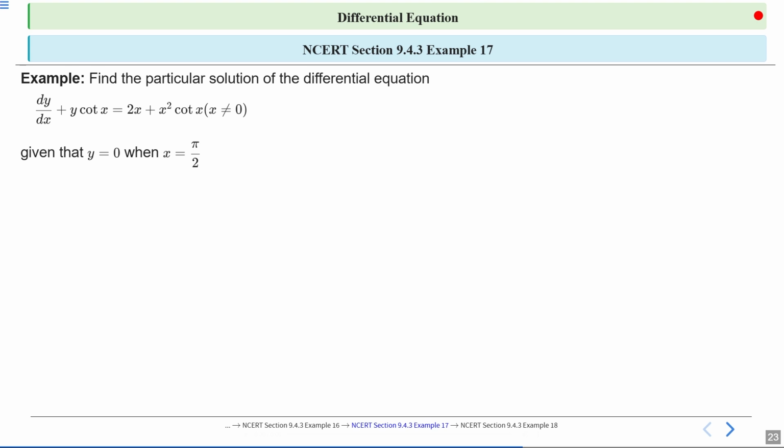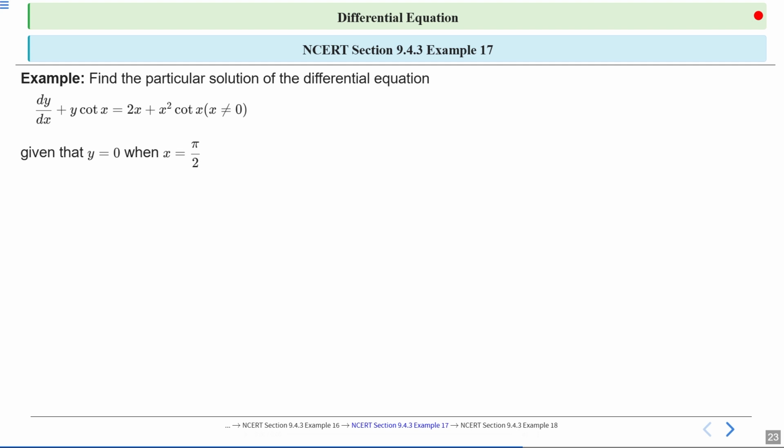Next example is: find the particular solution of the differential equation dy by dx plus y cot x is equal to 2x plus x square cot x, where x is not equal to 0, given that y is equal to 0 when x is equal to pi by 2.